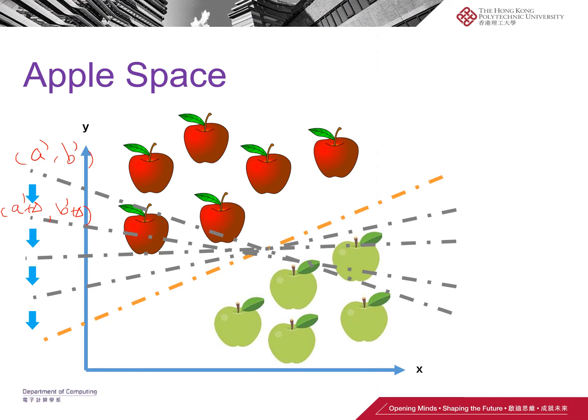And finally you reach the one that makes the partial derivative of L over A prime, B prime equal to 0. That's the optimal solution. Our best decision boundary so far.